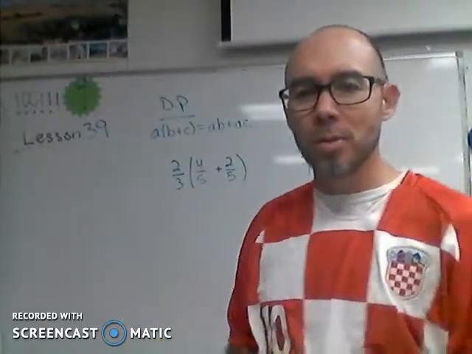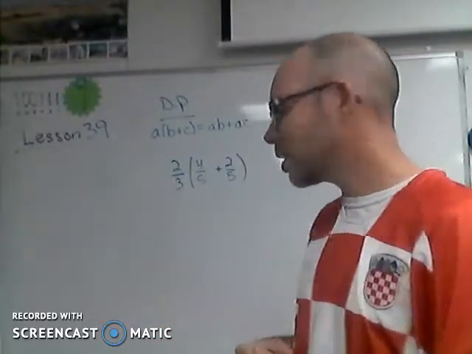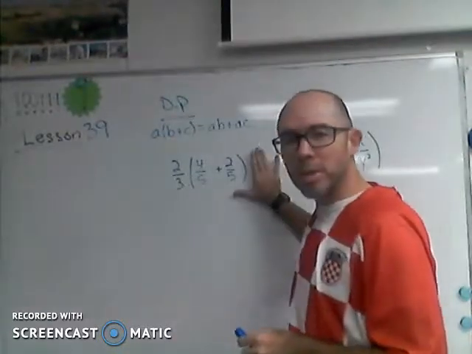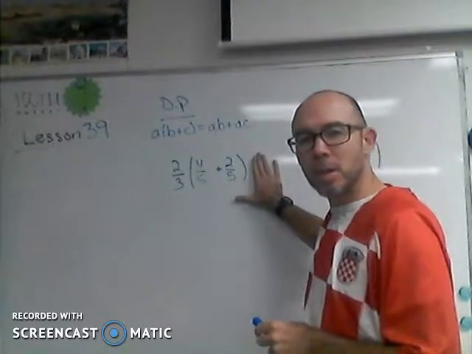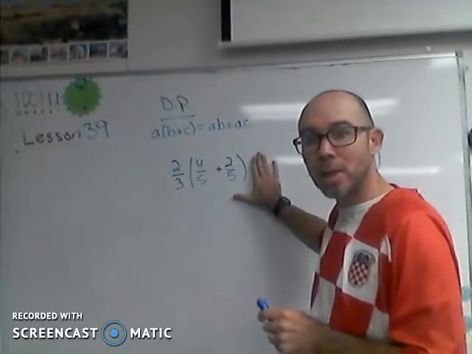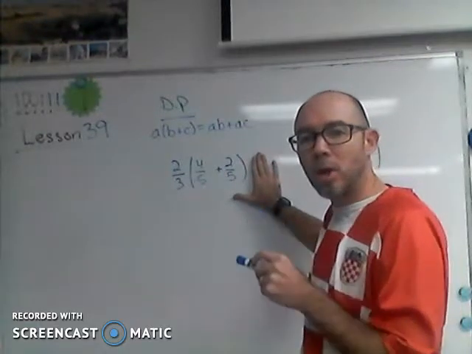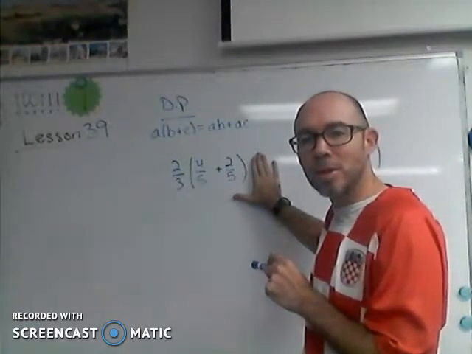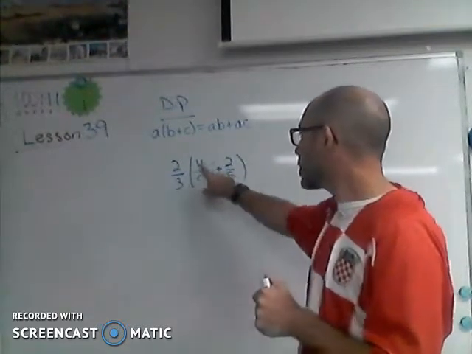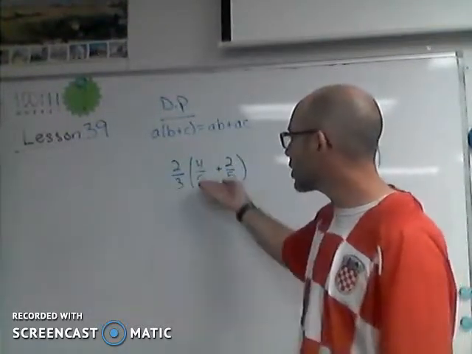We want to make sure that we're practicing this distribution thing well. So I'm going to start with a problem here that just has numbers. And this looks like it doesn't have to be as hard as I'm going to make it, okay? But I just want to show you how you get the same answer, just to prove that this property actually does hold true. So I could add those. They have the same denominator.